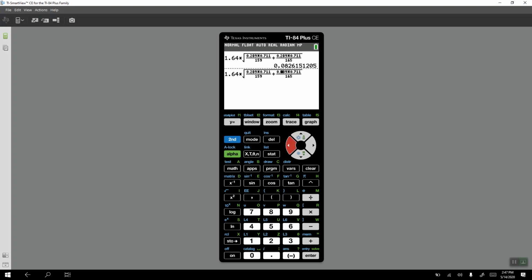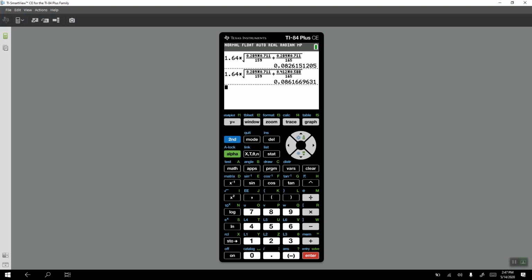So the second one is not 0.289, it's 0.412 multiplied by 0.588. There we are. And there we go. That's a little bit better. So 0.086 is the error that we're looking at.